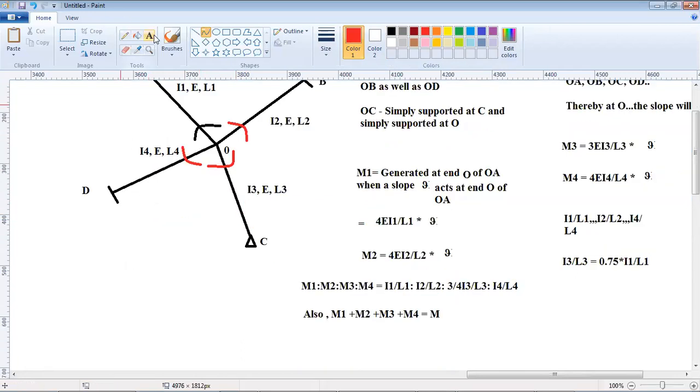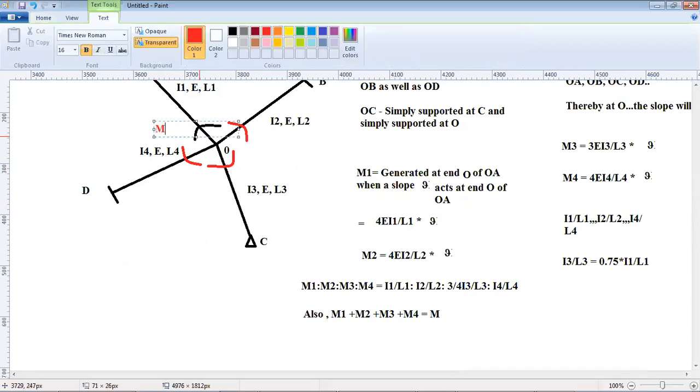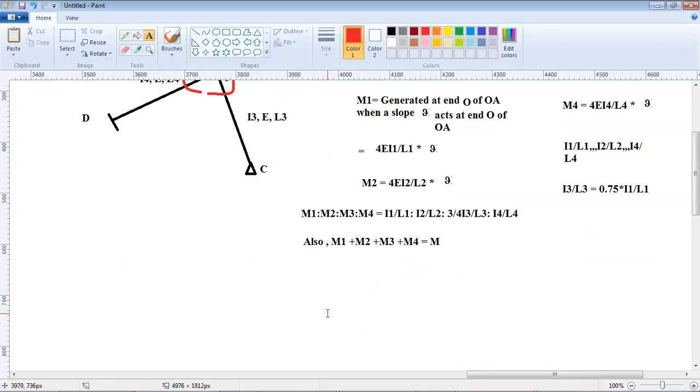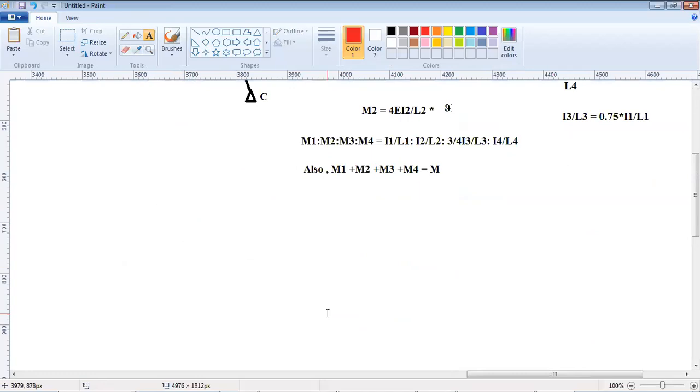So when we are adding them all, we are actually getting the overall moment M.